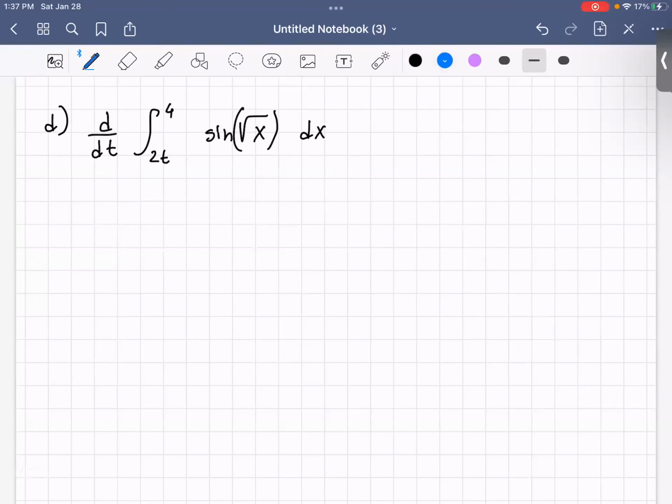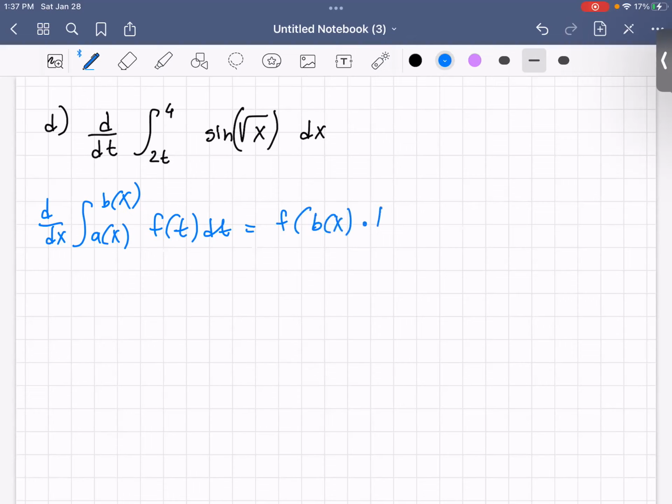And the last example, which we're going to use the same formula for, the integral from a of x to b of x of f of t dt equals f of b of x times b prime of x minus f of a of x times a prime of x. Okay, so let's evaluate.